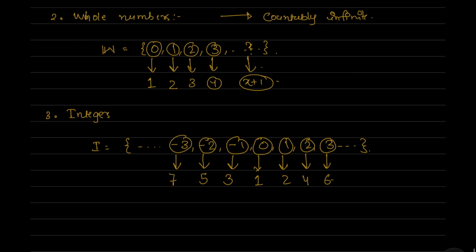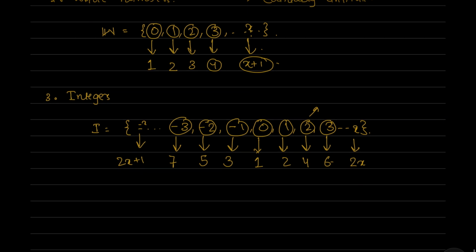So basically if I have the integer x, I can give it the room 2x, and if I have the integer minus x, I can give it the room 2x plus 1. This way for every integer I am able to provide one room in our hotel whose numbers are marked by natural numbers. So integers are also countably infinite.